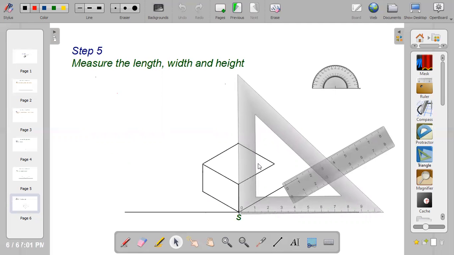So the set square will touch the base, will touch the reference line as shown, and the other part we also touch the tip, this point where I need to project my vertical line. So I'll just bring out my ruler, my pencil, and project it upward. Take it upward.